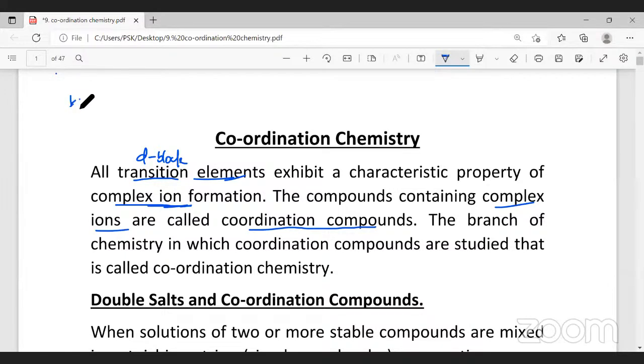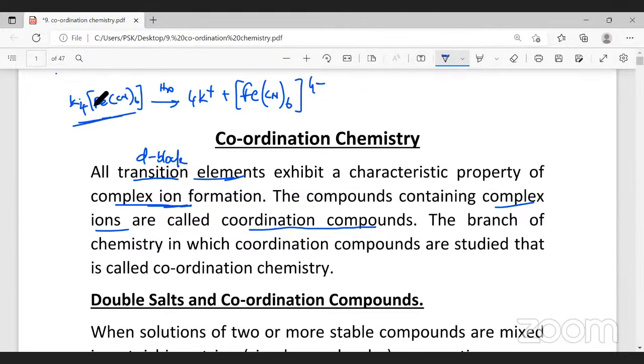Just now I wrote K4[Fe(CN)6] and I wrote this will dissociate in water to give you 4K+ and [Fe(CN)6]4-. See, this is a complex ion. [Fe(CN)6]4- is a complex ion.